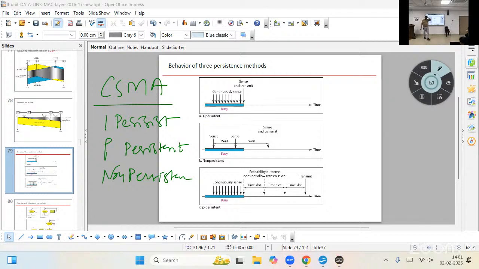So how many types are here? Three categories. What are the categories? One persistent. Second one is P persistent. Third one is non-persistent. So what is the one persistent?